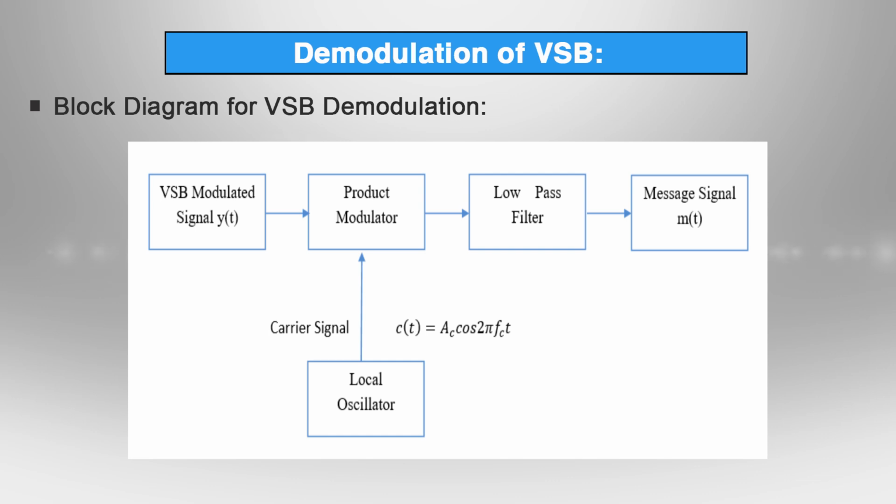The product modulator multiplies the VSB modulated signal and the carrier signal, and the output of the product modulator is passed through the low pass filter, which passes the frequency up to the message signal only. The output of the low pass filter is nothing but the message signal m(t), which is the main concept of the demodulation technique.